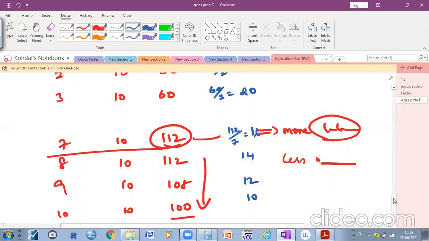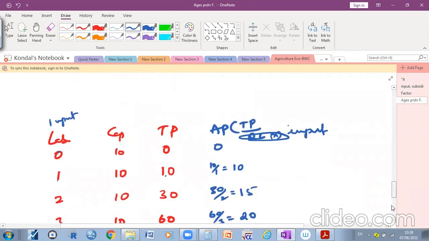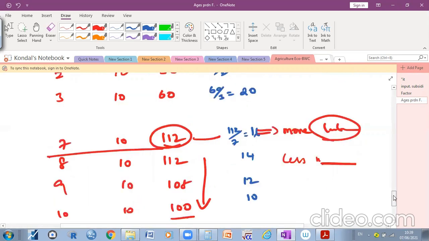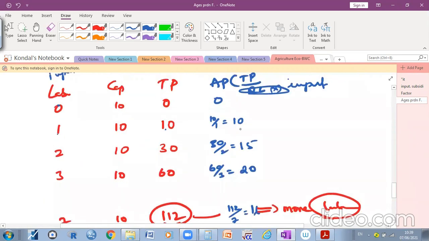See here, as labor increases, the AP also increases at a certain level only. From 0 it has increased up to 7.